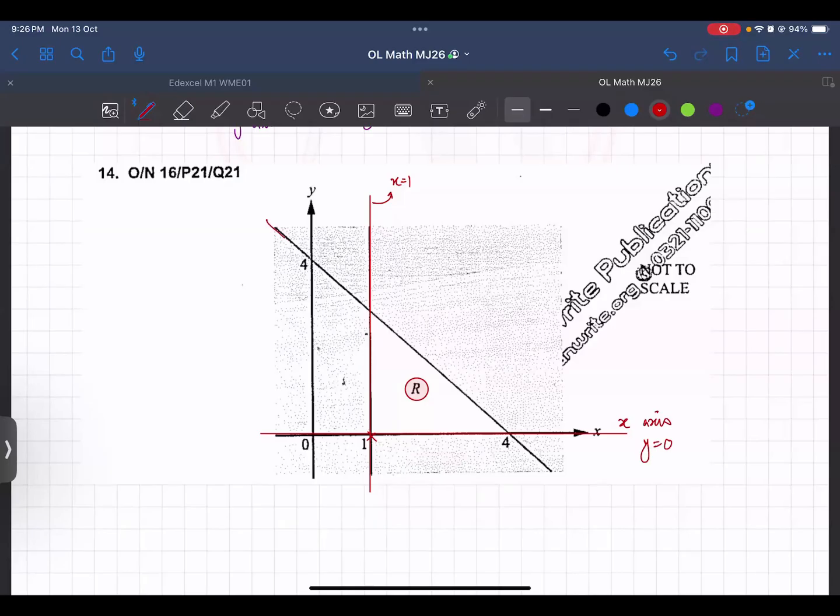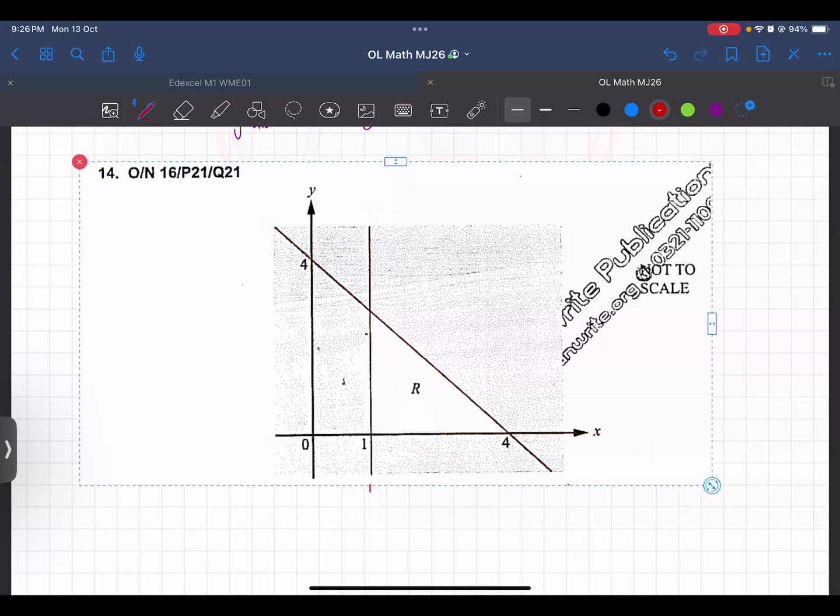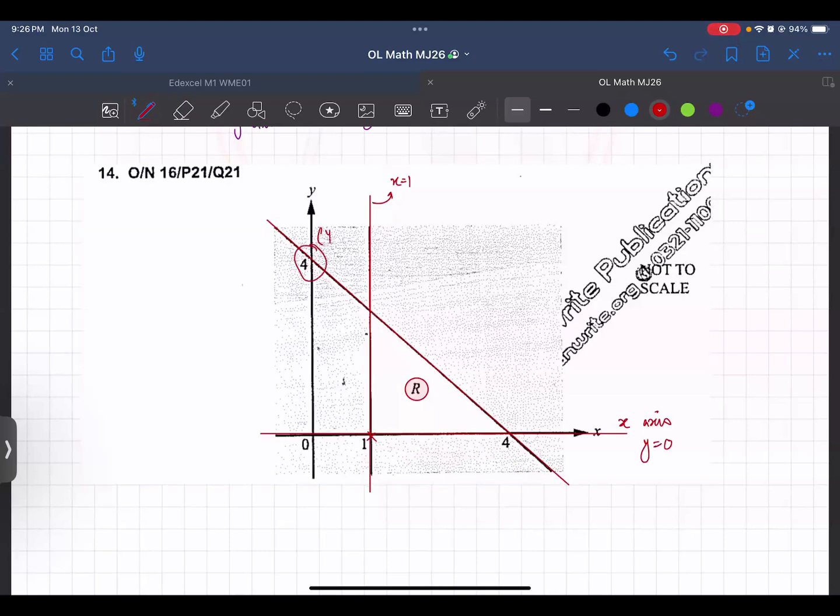And then for this slant line, you will have to find the equation yourself. You have done this in the previous chapter. How do you find the equation? This is the point 0 comma 4, and this is 4 comma 0. You can use y equals mx plus c.